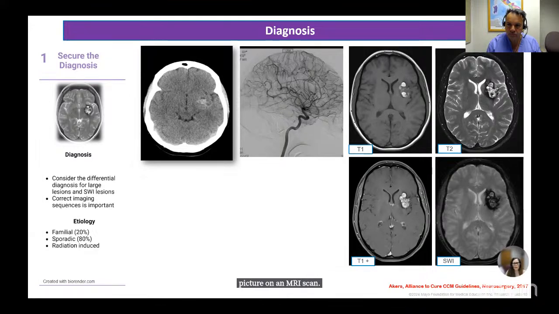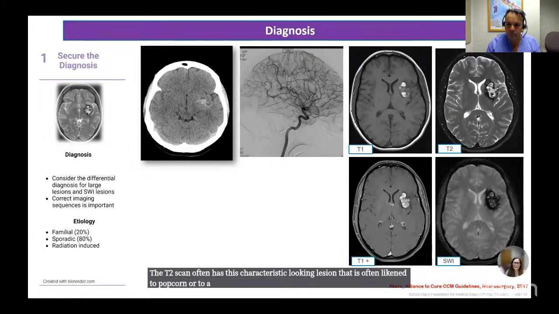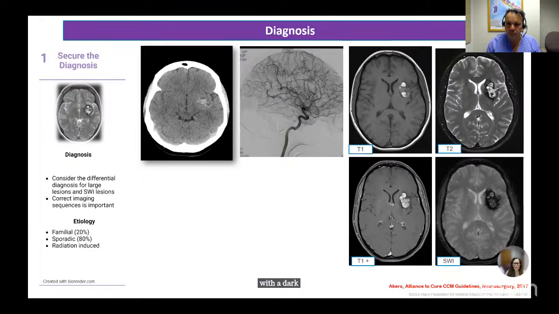The T2 scan often has this characteristic looking lesion that is often likened to popcorn or to a mulberry, where there's a reticulated center with a dark area around it, the hemosiderin. And these are always dark on SWI or GRE sequences.